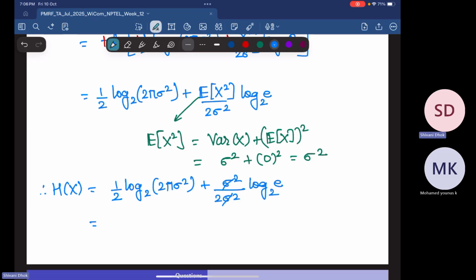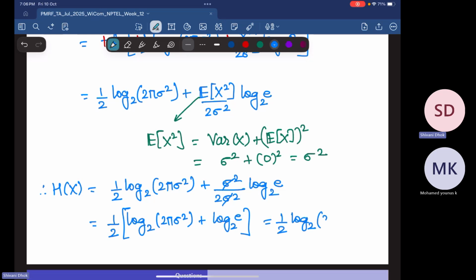This gets cancelled and I can take out half common, so I'll get log of 2 pi sigma square plus log of e to the base 2. This comes out to be half of log of 2 pi e into sigma square. So this is the entropy of a Gaussian random variable with 0 mean and variance sigma square. Is this clear? Any questions?